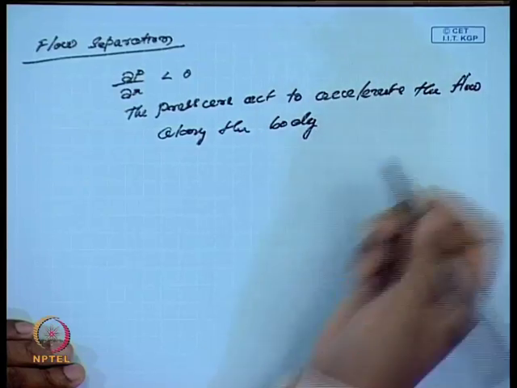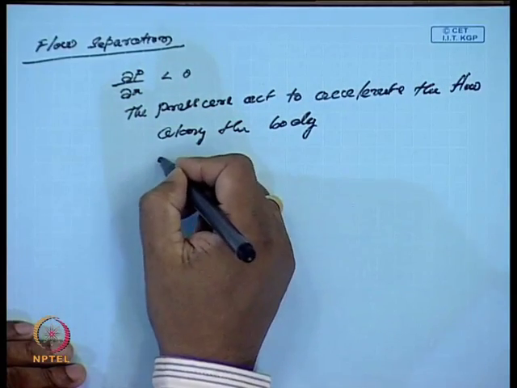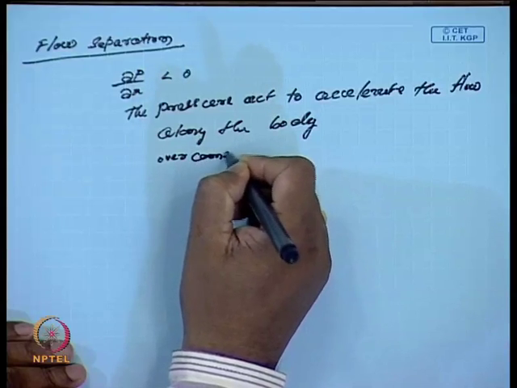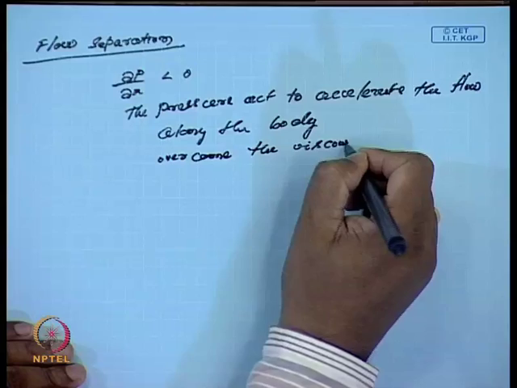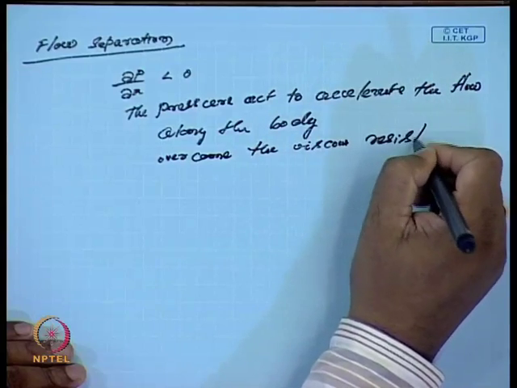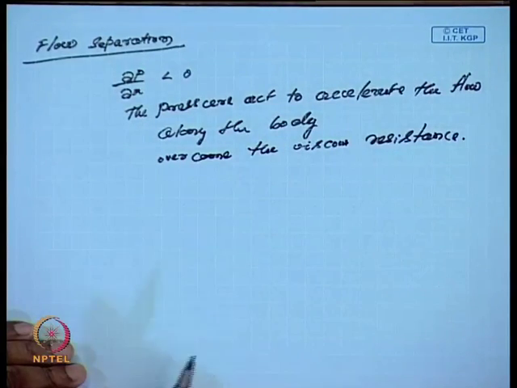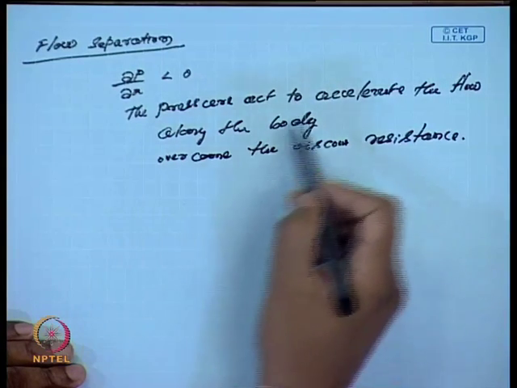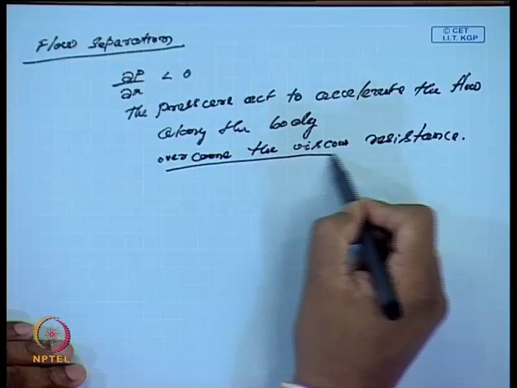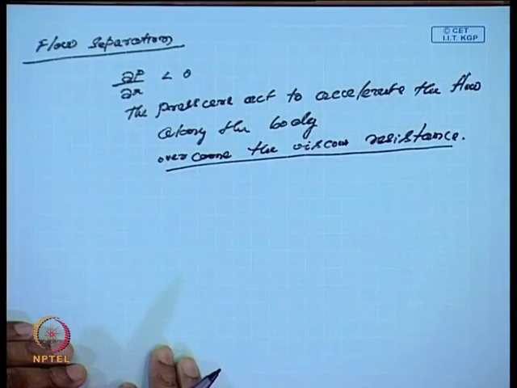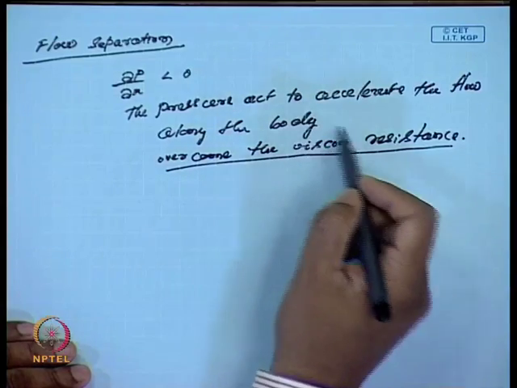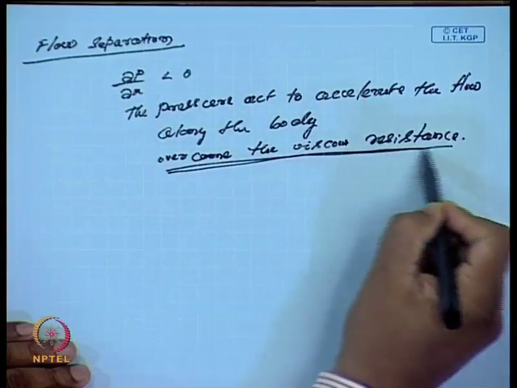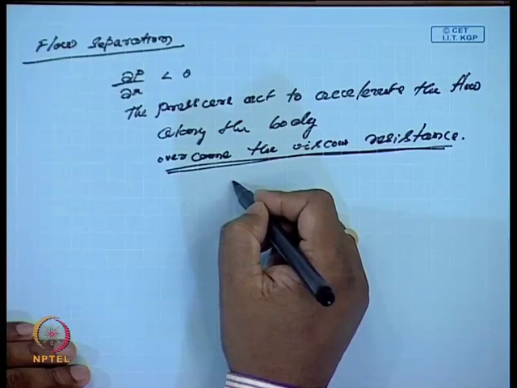In the process it tries to overcome the viscous resistance, because viscosity provides a resistance. So, when the pressure acts to accelerate the flow, it overcomes this viscous force effect, and in the process the flow decelerates.